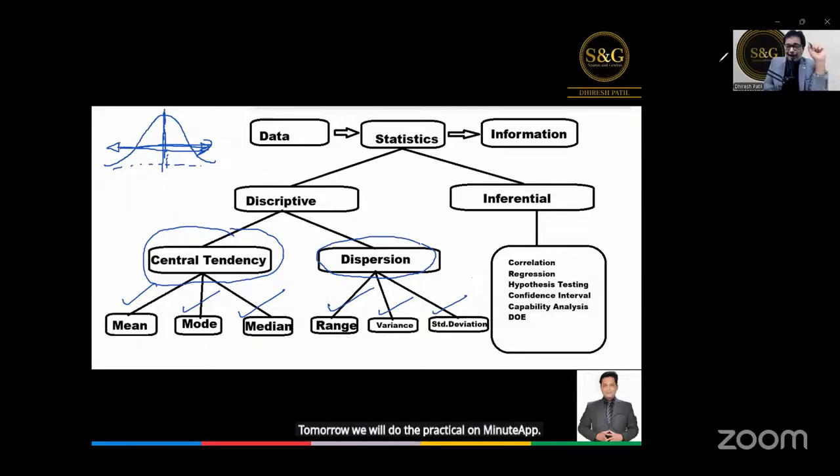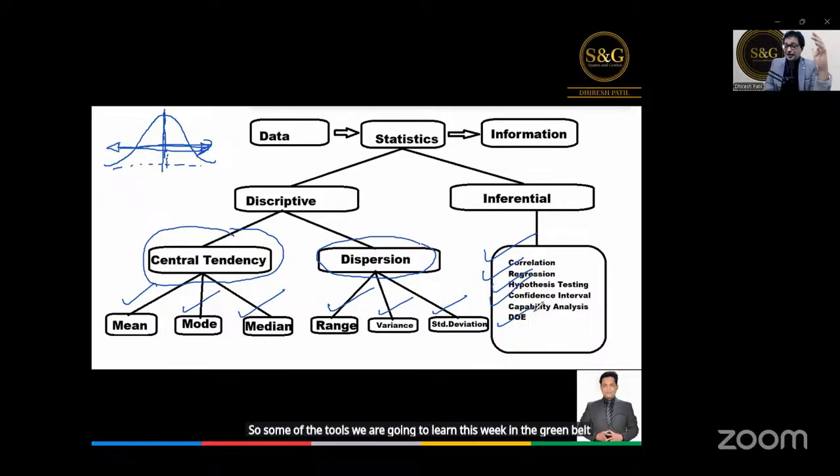Okay. And when it comes to inferential, we have tools like correlation, regression, hypothesis, confidence interval, design of experimentation. So some of the tools we are going to learn this week in the green belt.